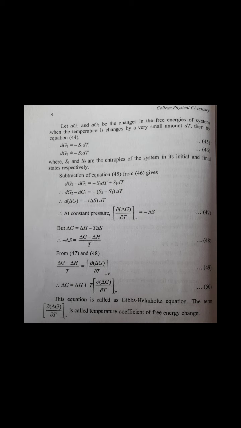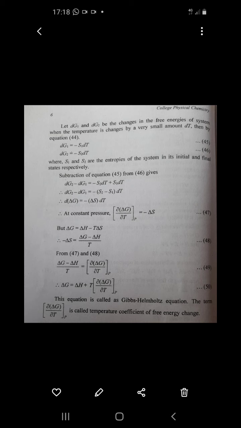Now we want to calculate delta G. Delta G is equal to what then? Just rearrange equation 49. So delta G is equal to delta H plus T times (d delta G upon dT) at constant pressure P. This is the final equation called the Gibbs-Helmholtz equation. The term d delta G upon dT at constant pressure is called the temperature coefficient of free energy change.